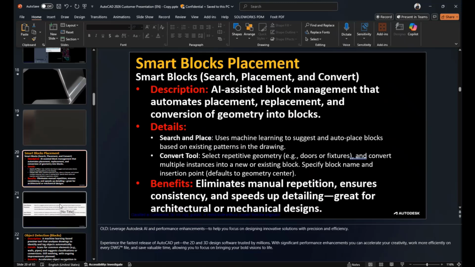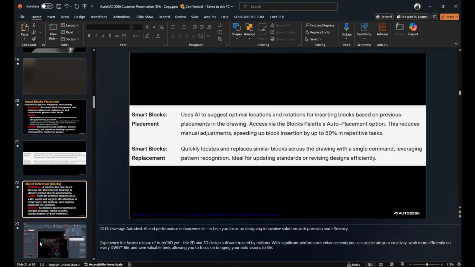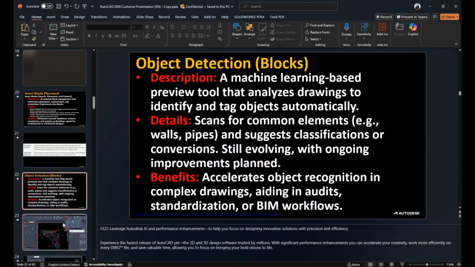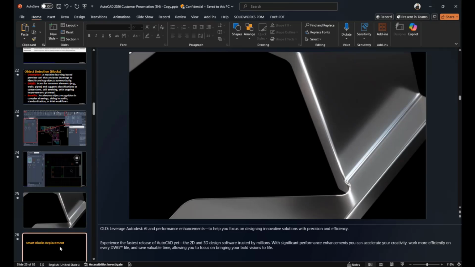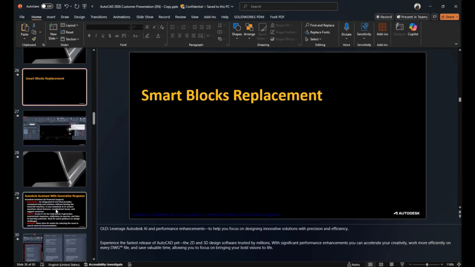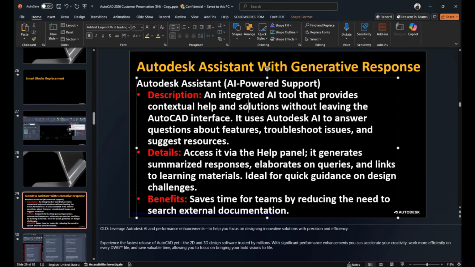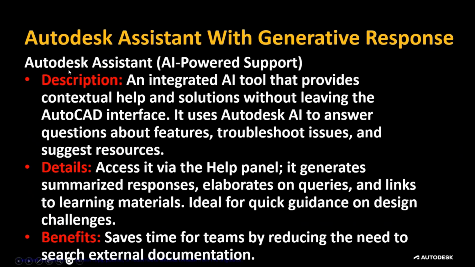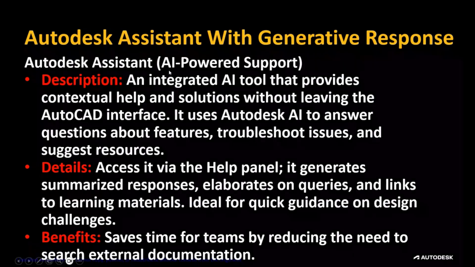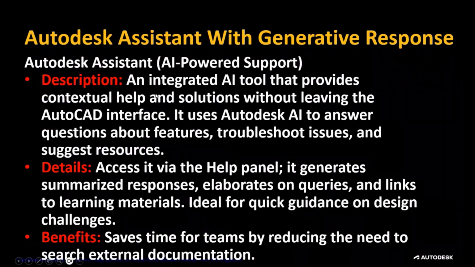Okay, that is all for the AI smart block placement, replacement, and object detection. Okay, and then we skip to this one, AutoCAD Assistant with generative response. Before we begin with the AutoCAD Assistant, I would like to explain something. AutoCAD Assistant is AI-powered support.